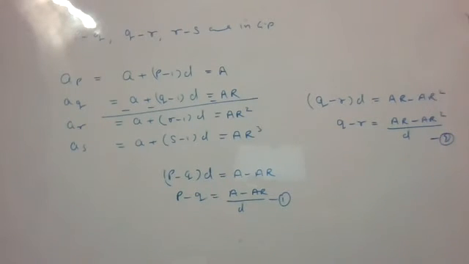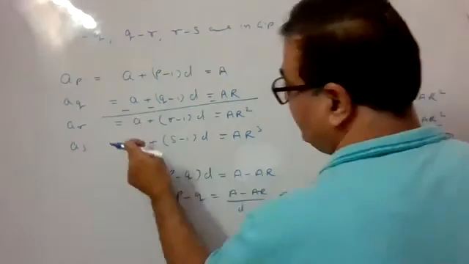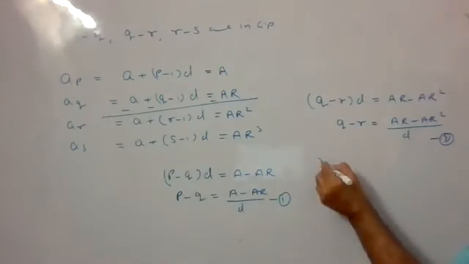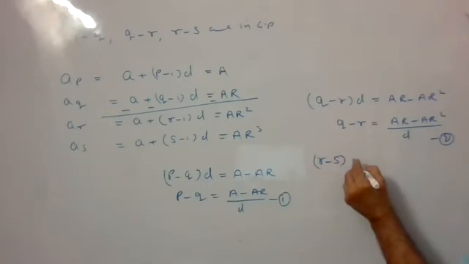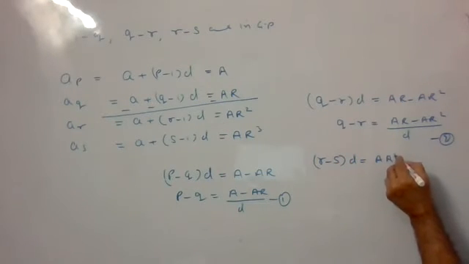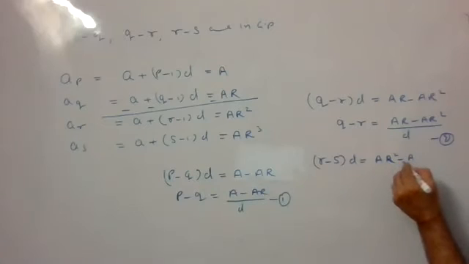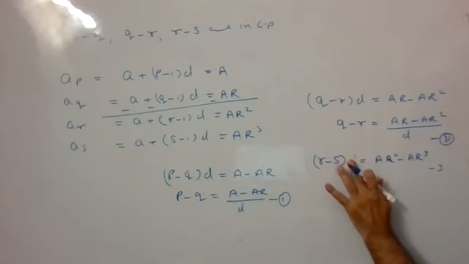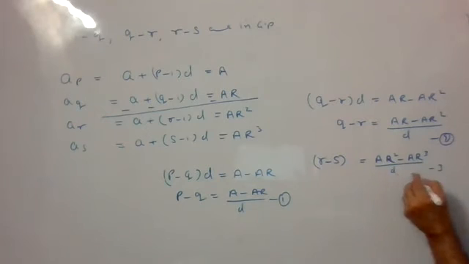Then we go for R minus S. So the difference of these two I'll take. R minus S into D comes out to be AR square minus AR cube, divided by D. This is my third equation.